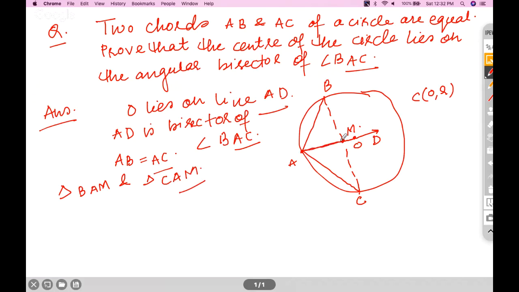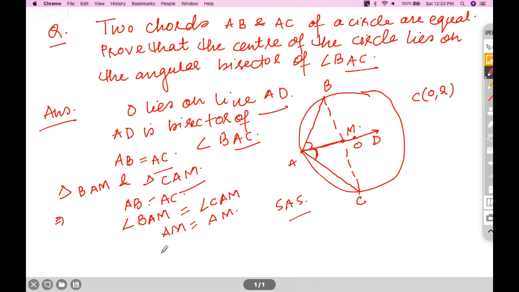So in this particular triangle, AB is equal to AC and this angle is equal to this angle. It has been already given to us. So angle BAM is equal to angle CAM and AM is common among both. So this is SAS congruency.